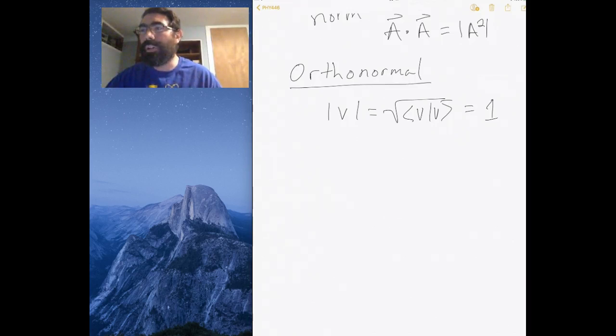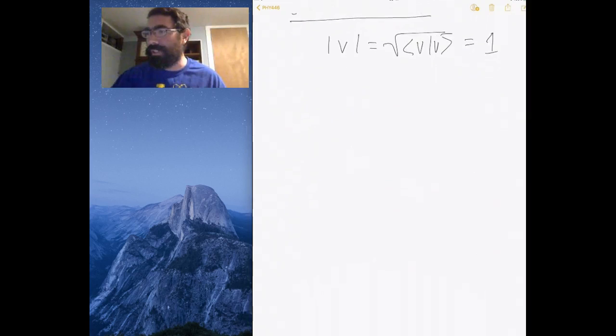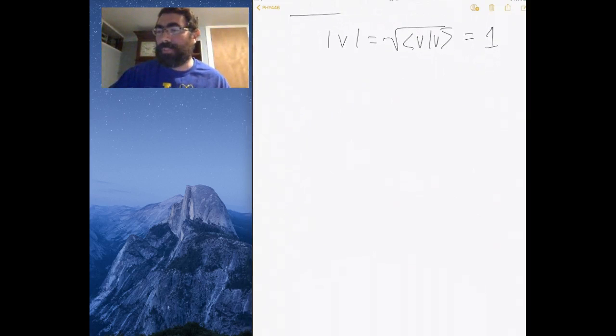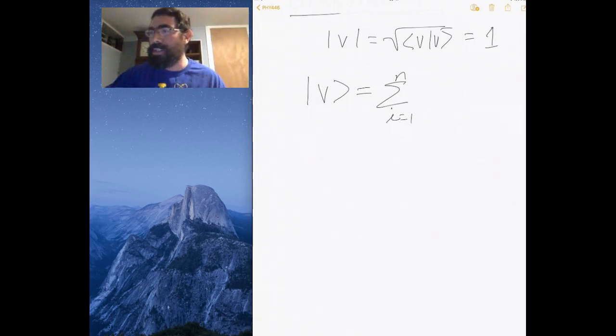Now what I want to do is turn to the idea of these basis vectors. Let's write our vector spaces. Let's say we take V and write it as a sum from 1 to some dimension n of scalars multiplied by a basis vector. So V is the sum of these components, v sub i, multiplied by the unit vectors.